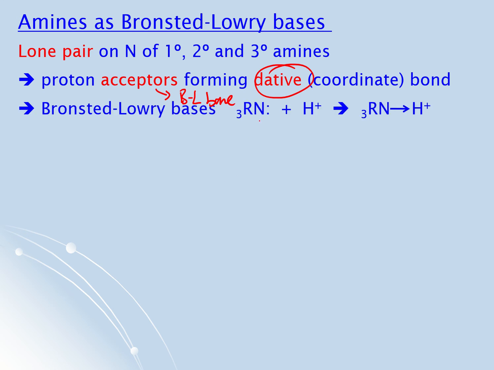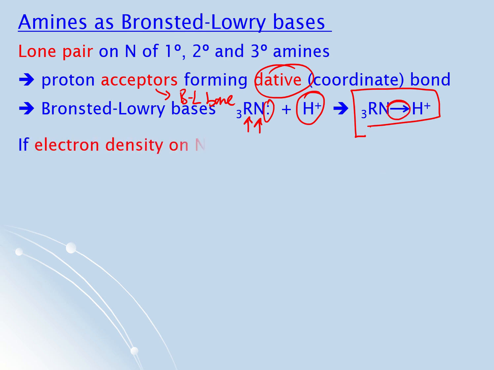Here we have a typical amine with 3 R groups on it, whether it be 2 hydrogens on an alkyl chain or 3 hydrogens, doesn't matter. We have the lone pair on the nitrogen accepting a proton, and we get our dative bond here, and that shows that these things have got basic character.